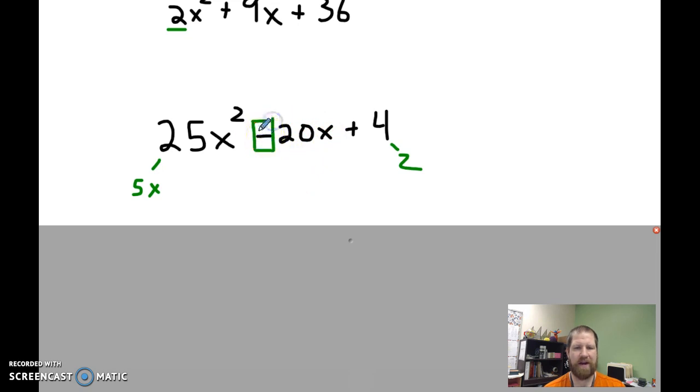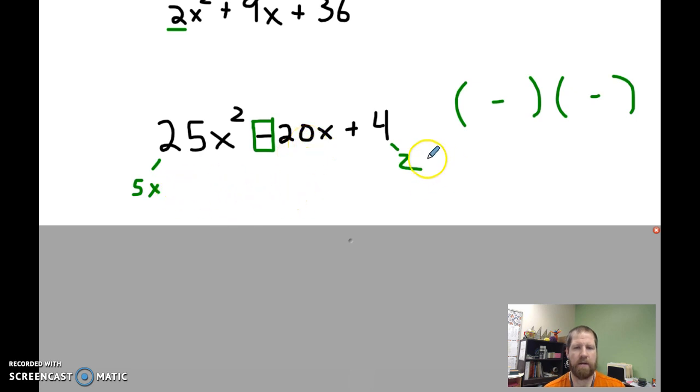The fact that I have a negative sign there means that in my binomial I have a negative sign in the middle. It's going to be a negative times another negative. That'll give me a positive last term and a negative middle term. But I don't have to worry about that.